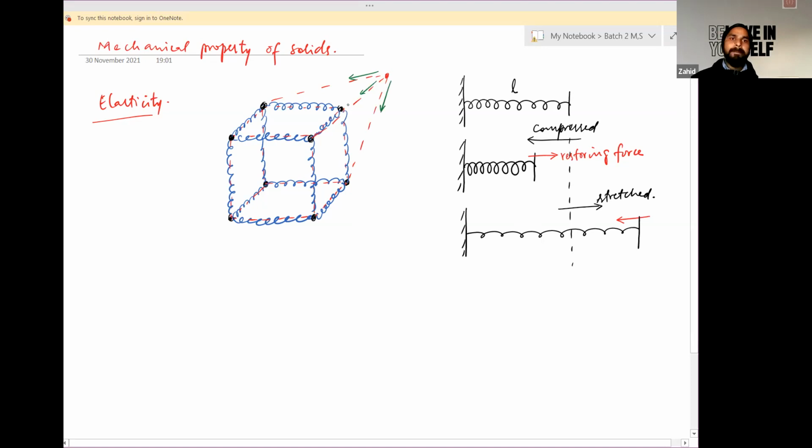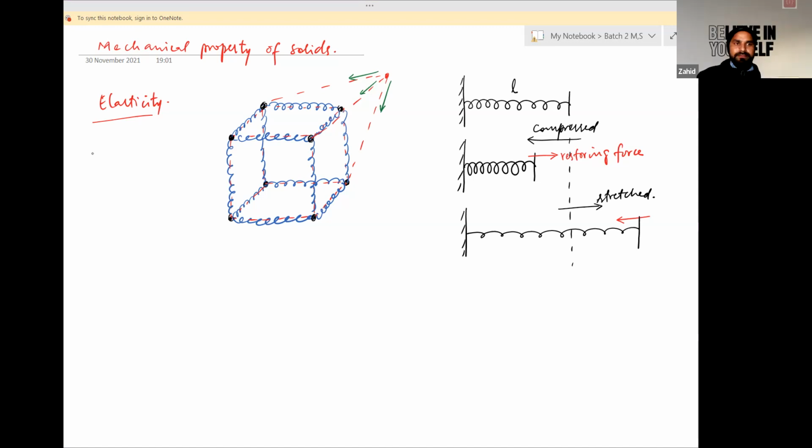This tendency of a body, by which if you remove the deforming force the object will regain its original state, is called elasticity. Is it clear? Yes, sir.